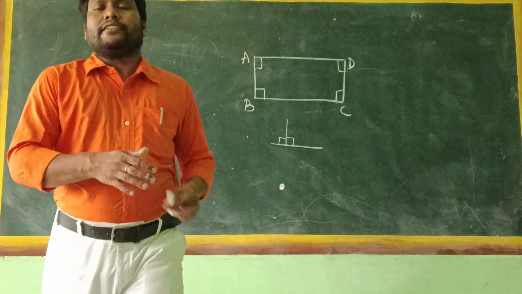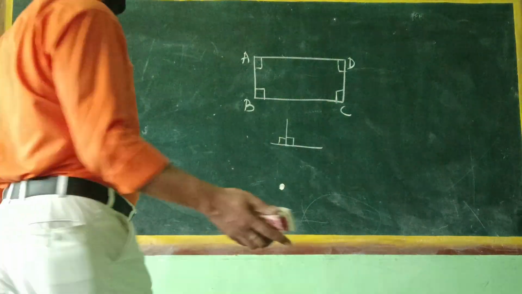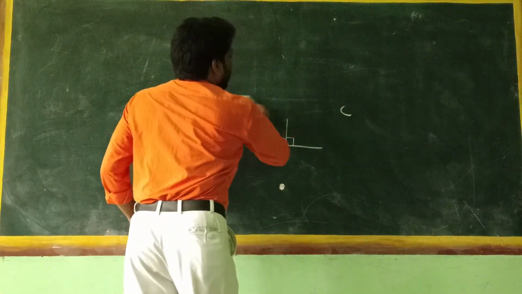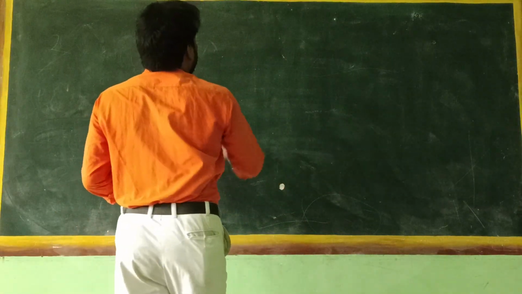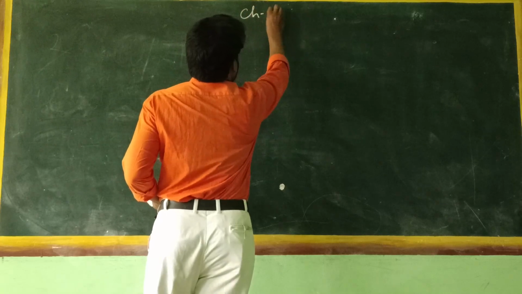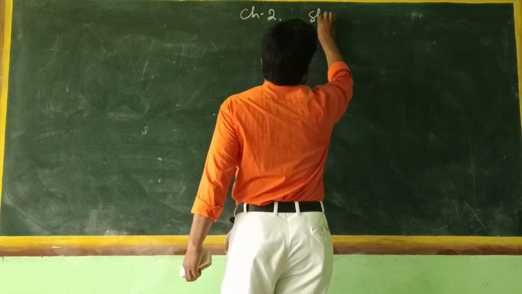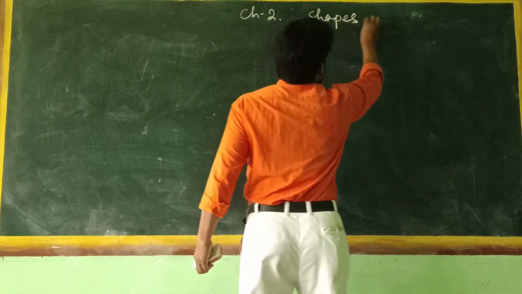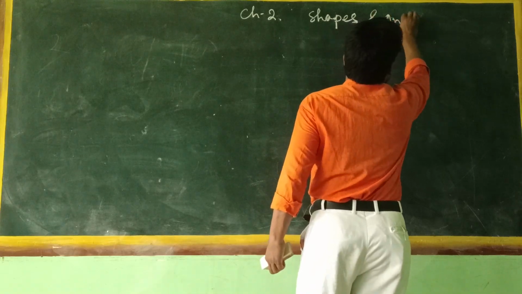So basically this chapter depends on basic geometrical ideas. That is chapter number 2, Shapes and Angles. The name of the chapter is Shapes and Angles.